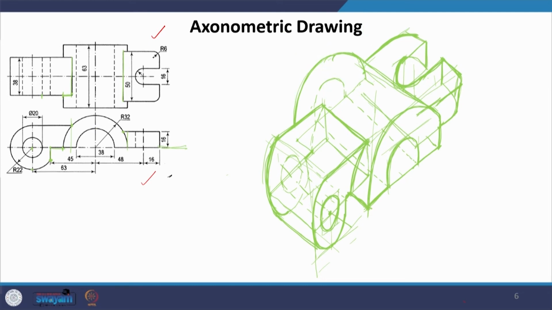Now, if you can make sense of this object, I would erase some more lines here, which was our original plan. Okay. This is what the final axonometric of this object, for which the orthographic projections are given, will look like.